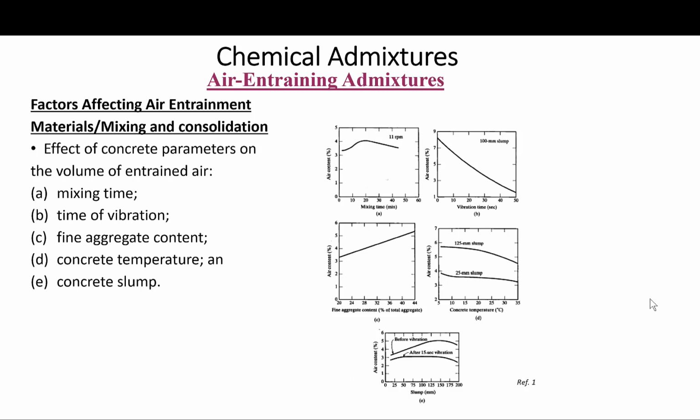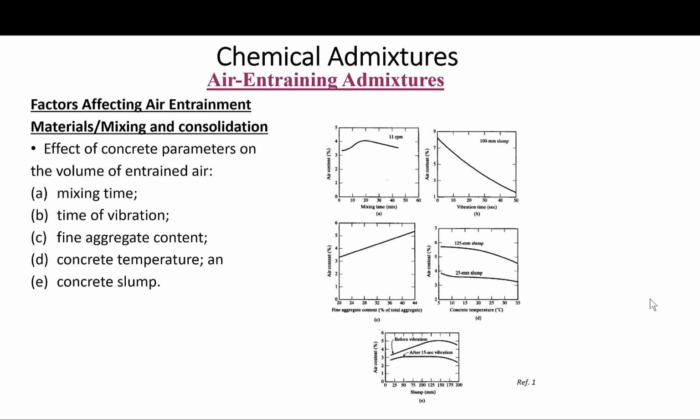So the admixture dose can be adjusted to bring the air content within the recommended limits based on what goes on during the handling and mixing of the concrete. Increasing the admixture dose will invariably increase air content, decrease bubble size, and decrease the spacing factor. But again, you have to consider the other factors and how they affect it.